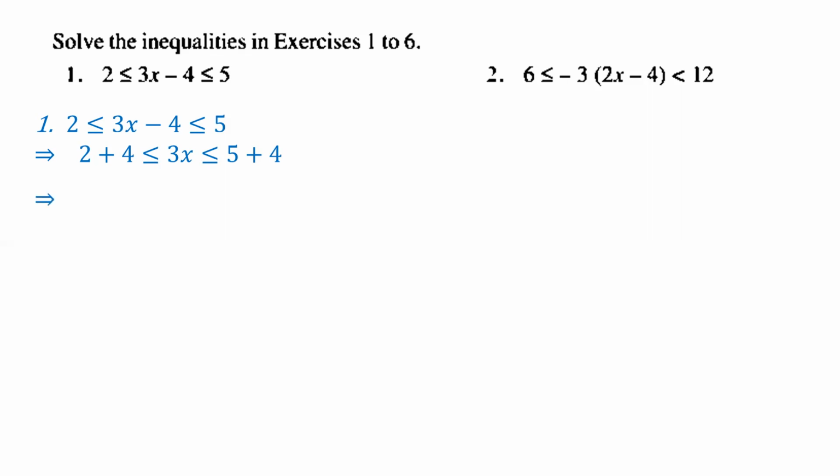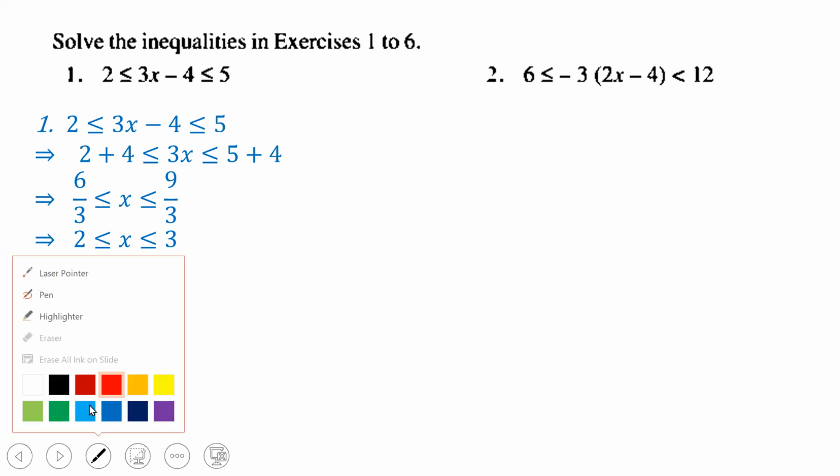If you simplify it, it will be 3x lying between 6 and 9. Now divide this whole inequality by 3. So 6 upon 3 less than or equal to x less than or equal to 9 by 3. Simplifying, we find 2 less than or equal to x less than or equal to 3. That means x belongs to the closed interval 2 to 3.